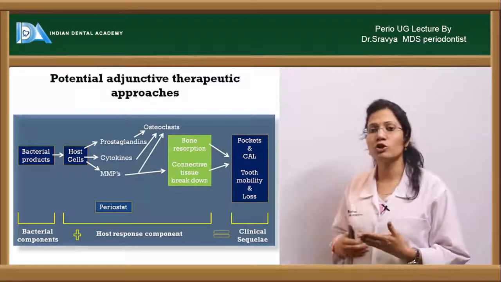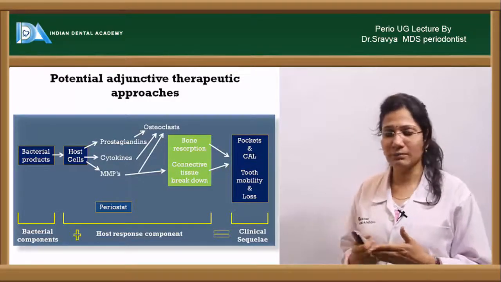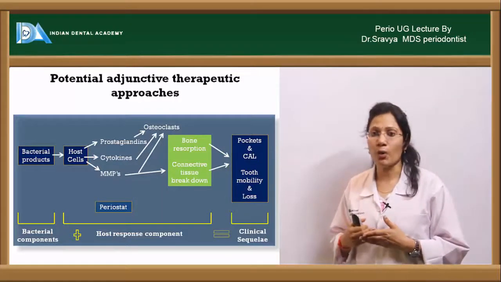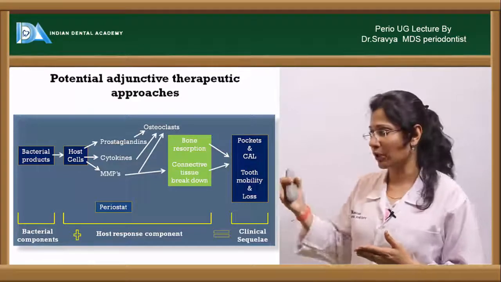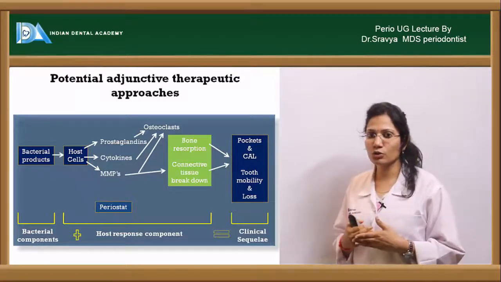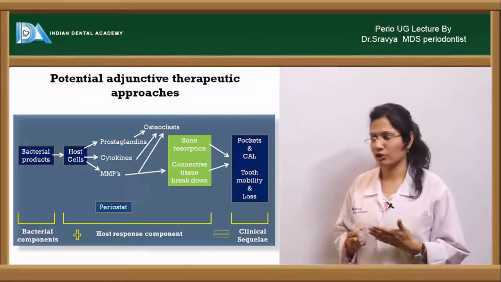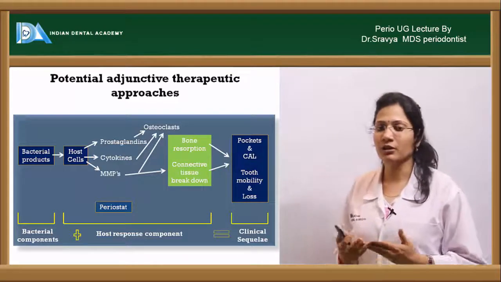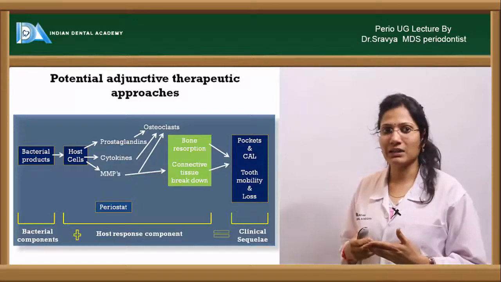Apart from that, they also cause lysis of your periodontal ligament connective tissue and gingival connective tissue, therefore leading to pocket formation and increase in the clinical attachment loss, and then further leading to tooth mobility, and then one fine day the tooth is out of function. Now, this is the entire clinical sequelae that happens after the body has received a bacterial antigen.